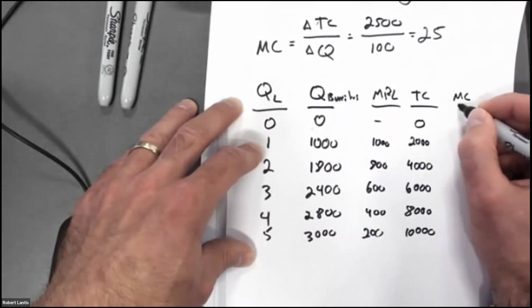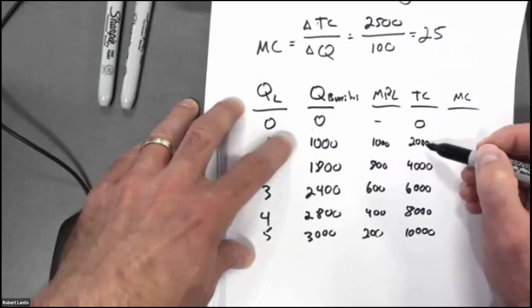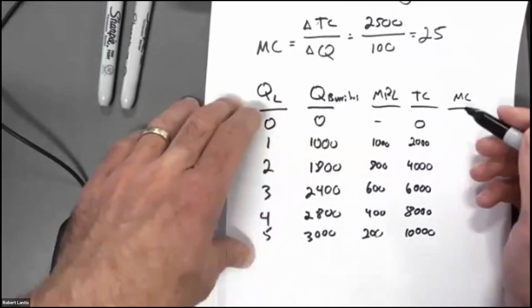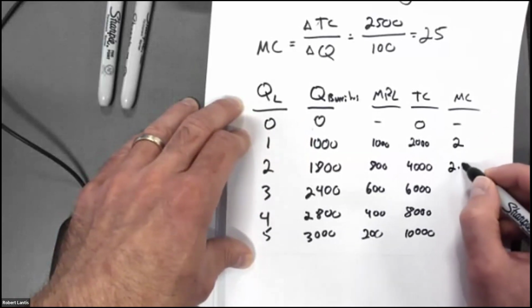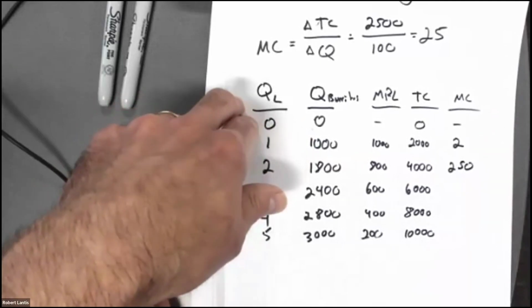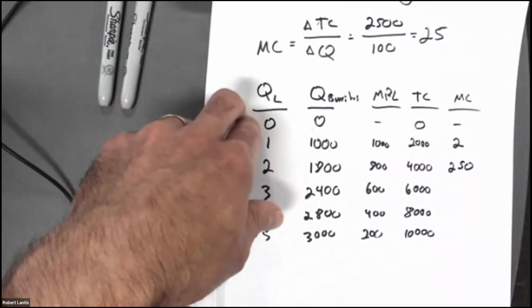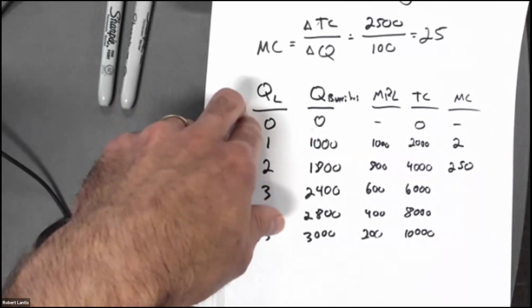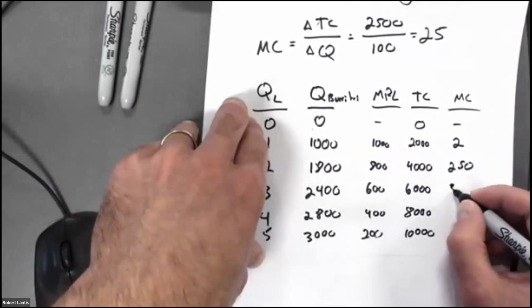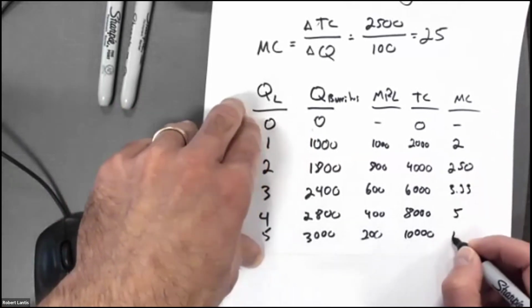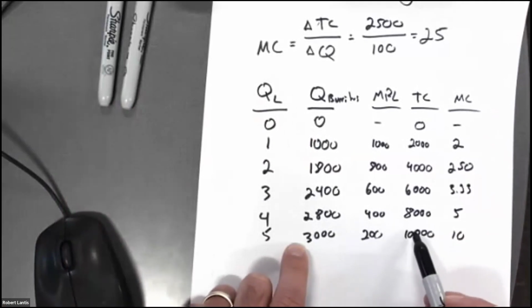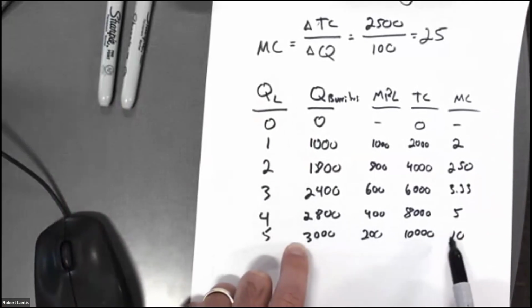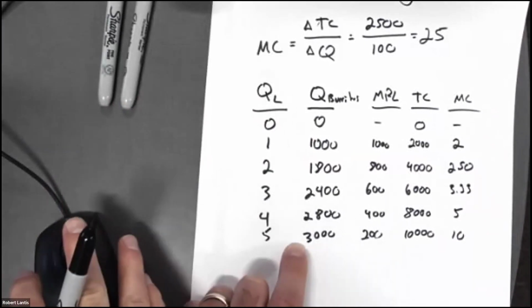I could then find my marginal cost because that's just the change in the total cost divided by the change in the quantity, right? So this was what we had: 250, 333, 500, and 1,000. The change in total cost here was 2,000 divided by 200. That gave me that marginal cost of 10.